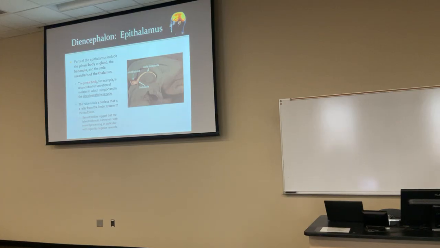It's called the habenula. The habenula is a nucleus that's a relay from the limbic system to the midbrain. And some studies suggest that that's involved in reward processing, particularly with regard to negative rewards.